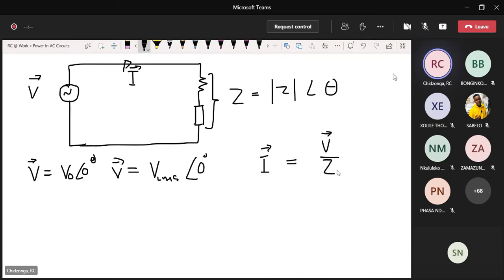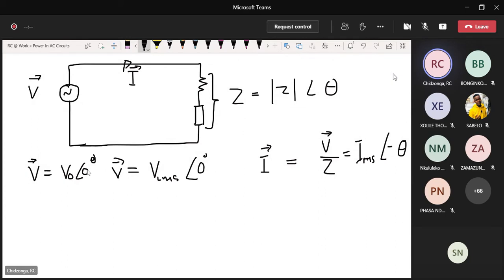So this is where we are now. The way I'm going to handle this is I'm going to write this as I RMS, angle minus theta. This impedance here, when you divide, gives you minus theta, since the voltage angle is 0.